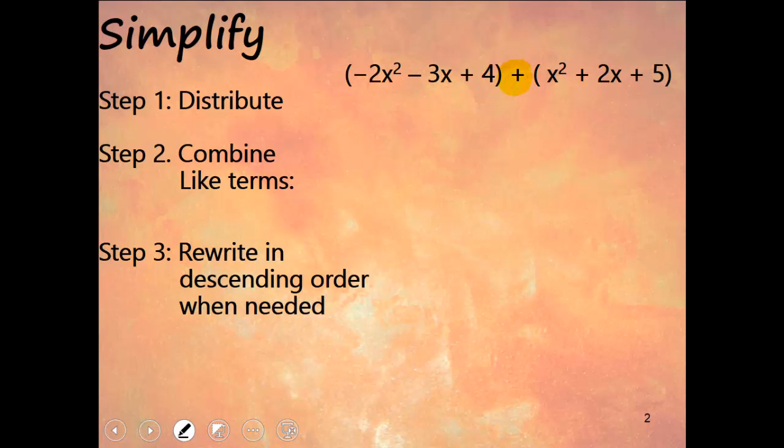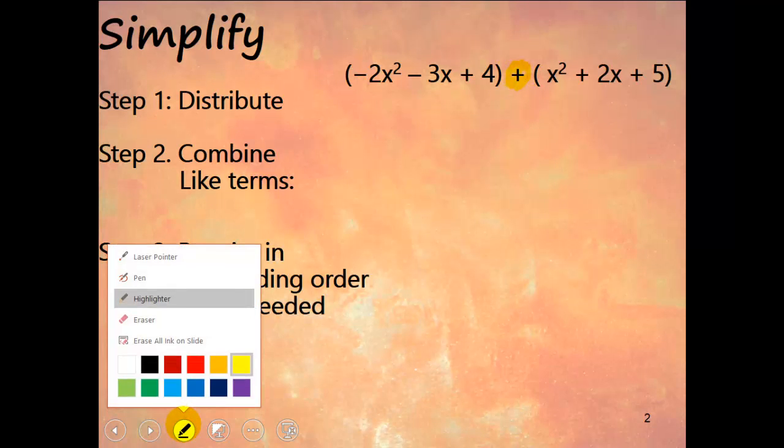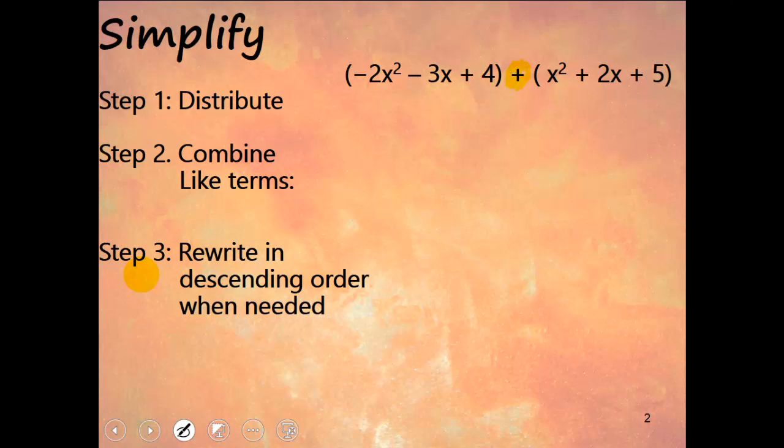So really these parentheses are meaningless, so I'm just going to drop them first and foremost. I'm not really distributing. I'm just dropping my parentheses. So I have negative 2x squared minus 3x plus 4 plus x squared plus 2x plus 5. Now I'm going to combine like terms.